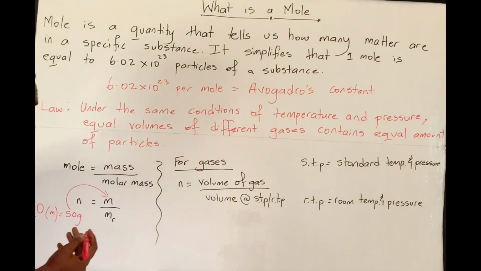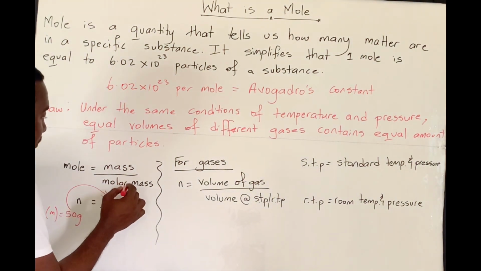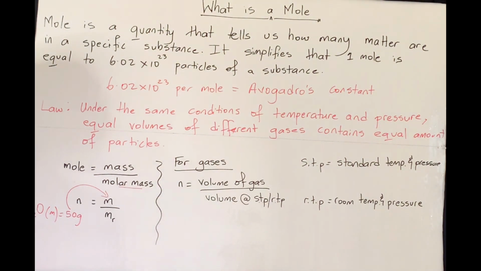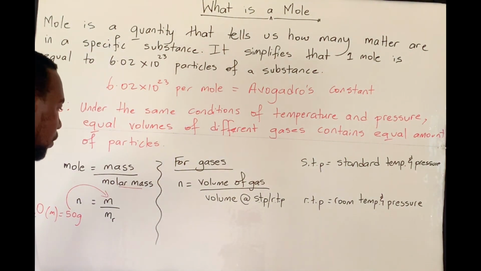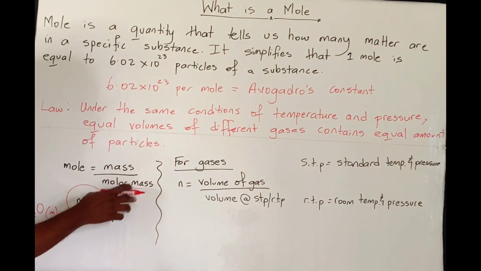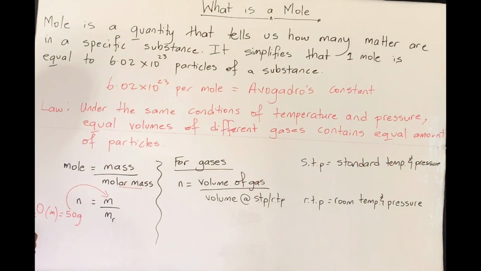Now, we did molar mass in our last session. So we know how to calculate the molar mass of water, which has 2 hydrogens, so that's 2 times the mass of hydrogen, which is 1, plus it has 1 oxygen, and oxygen is 60. So therefore, the molar mass of water is 80.